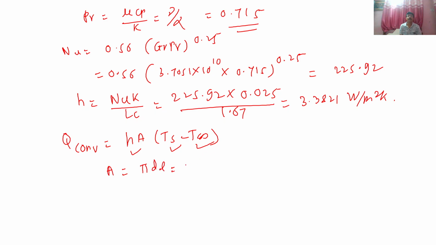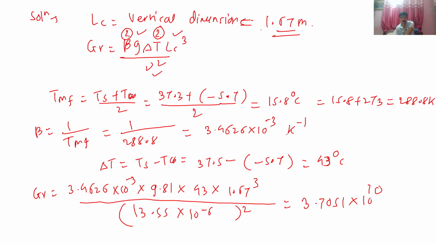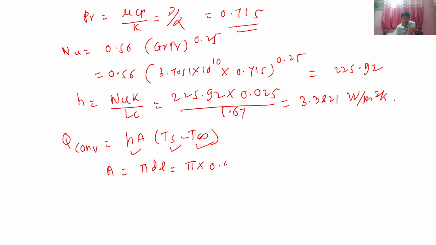Pi d L. So pi into d. d is how much? 40 centimeter means 0.4 meter. And what is height? 1.67.